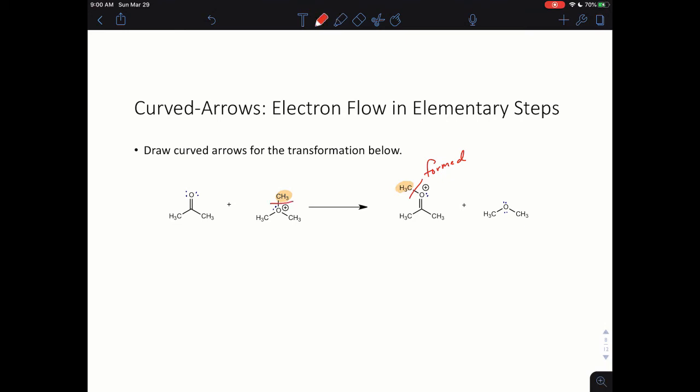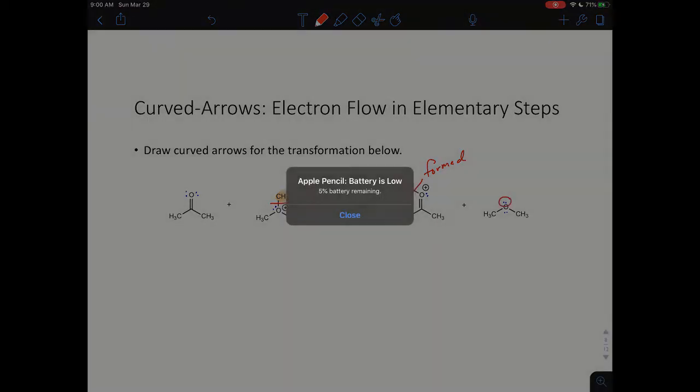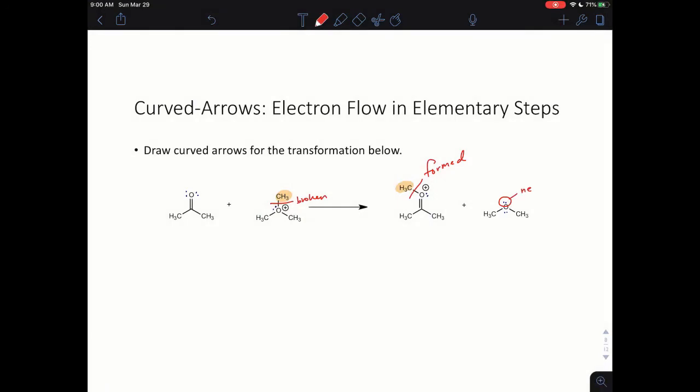I can also see that this bond is broken in this process. And I can see that there's this new lone pair on oxygen. New doesn't mean we're creating it, it's coming from somewhere. Oh, and I can also see that this lone pair must be donated or used up, and probably used up to make that bond that's being formed.